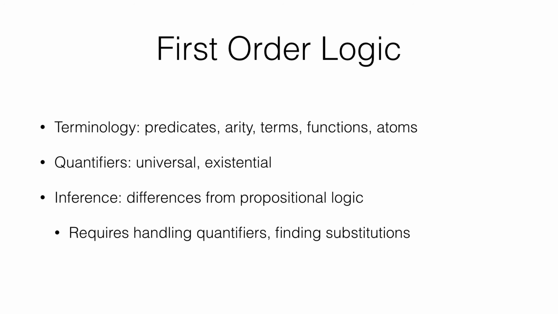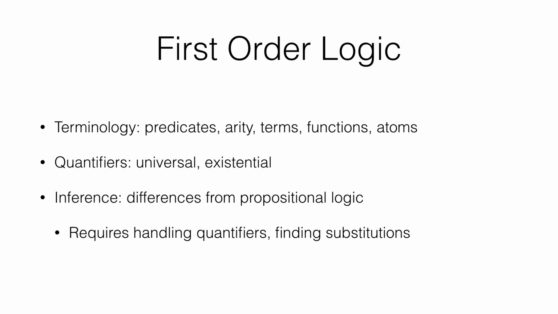I mentioned functions, but I also mentioned that a lot of algorithms will essentially disallow functions to make things simpler. And then, more importantly, I talked about quantifiers, and these are the more useful and more powerful additions to logic that first-order logic gives you.